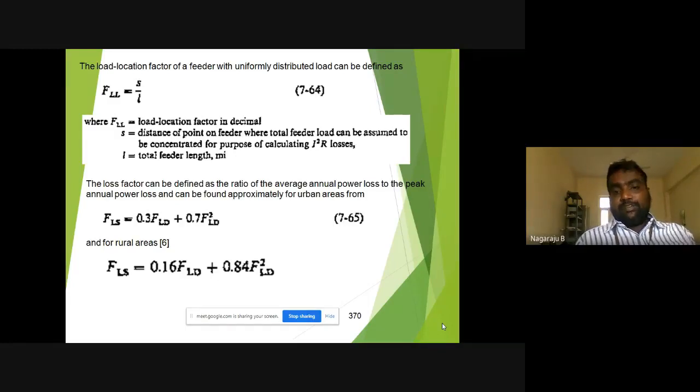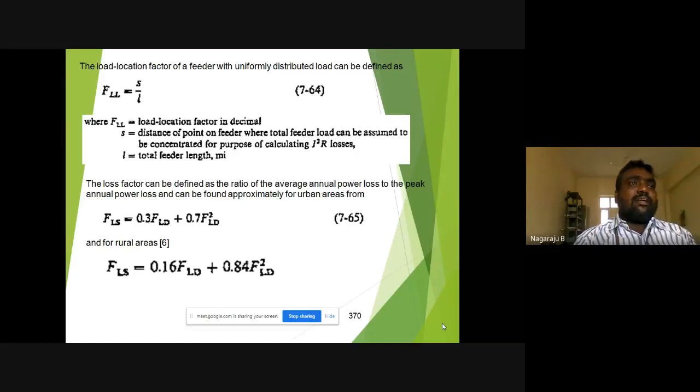When you go for S amount of distance, you need to take that, where you want to fix that particular substation or area. This is about the load location factor, and you know about the loss factor.